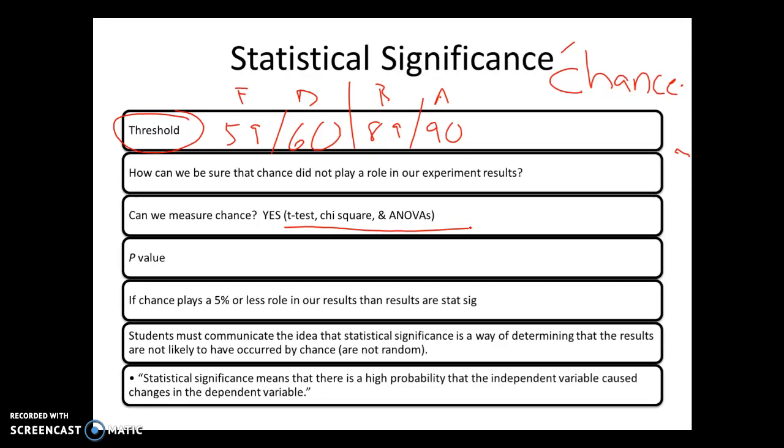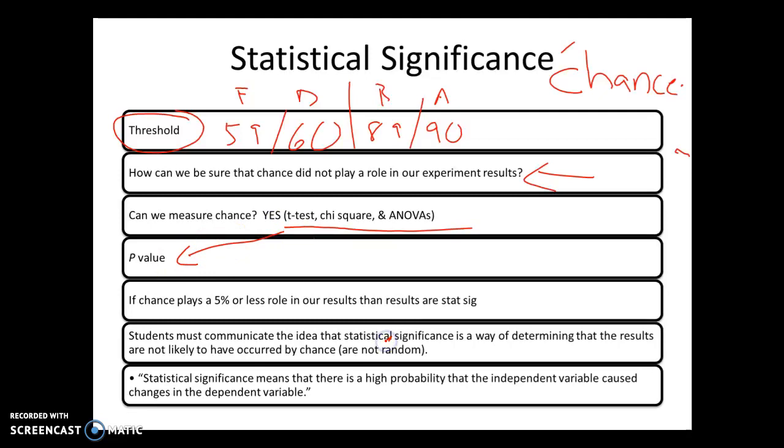And this is the key question, right? How can we be sure that chance did not play a role in our experimental results? And just like the idea that you need at least a 60% and above to pass a test, when you do one of these tests to measure chance, in order for the experiment to be statistically significant, scientists have decided that these tests, which provide us a p-value, right?